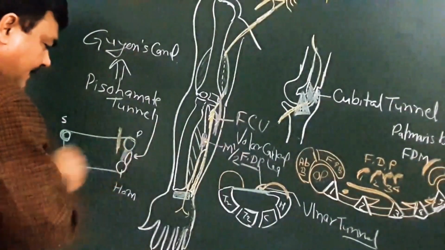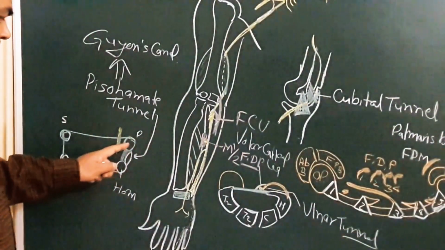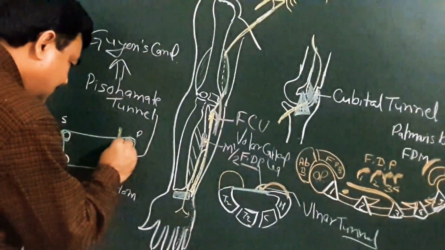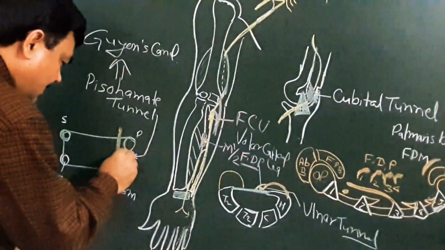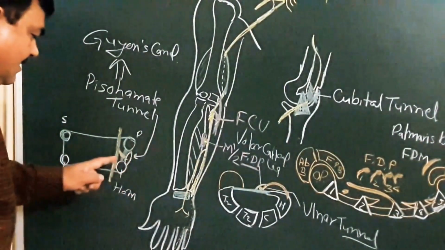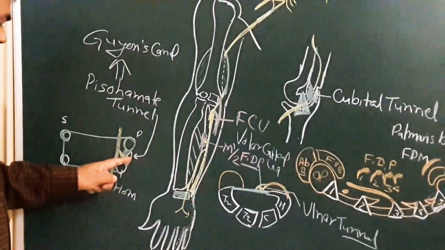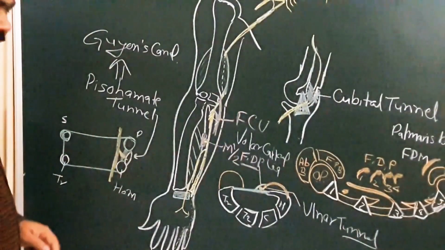And here, just lateral to the pisiform bone, it divides into superficial and deep branches. This deep branch passes through the pisohamate tunnel, and this superficial branch is superficial to the flexor retinaculum.